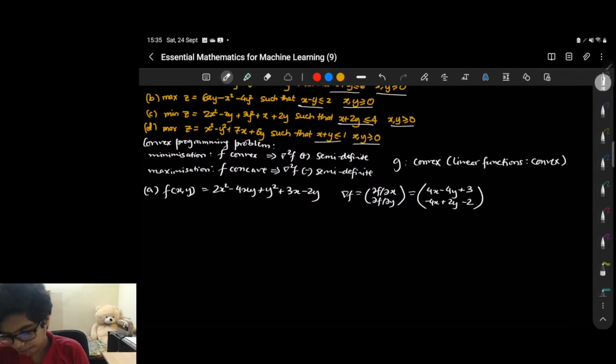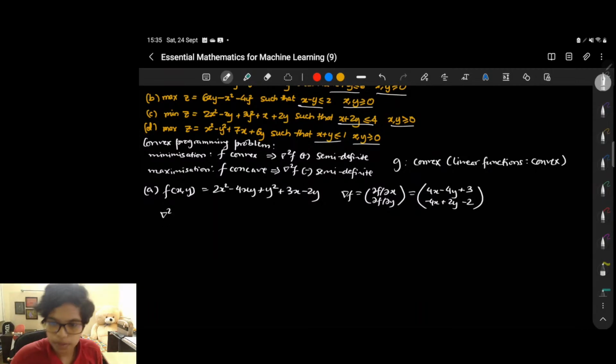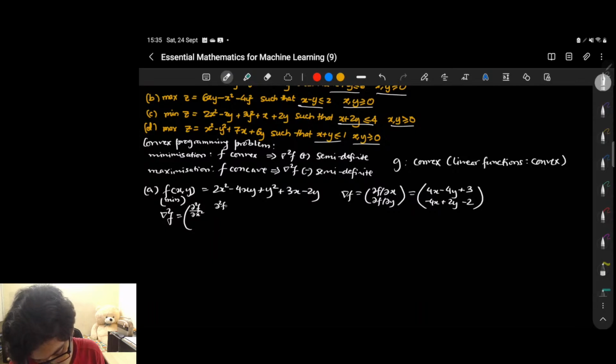This is the gradient of f, and then we need to find del squared of f. This is a minimization problem. Problem A is for minimization. So this is my del squared f.